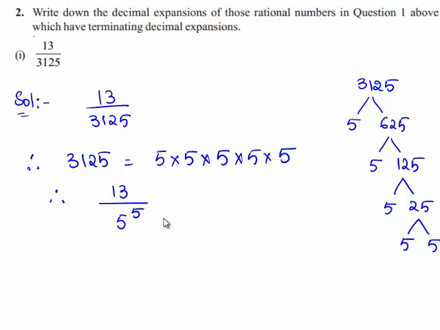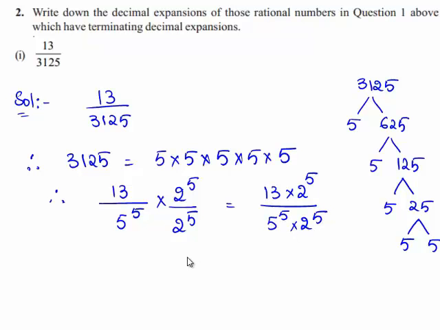Now, we shall multiply the given rational number with 2 power 5 on both the numerator and denominator. Therefore, 13 upon 5 power 5 multiplied by 2 power 5 by 2 power 5. This gives 13 times 2 power 5 upon 5 power 5 times 2 power 5.